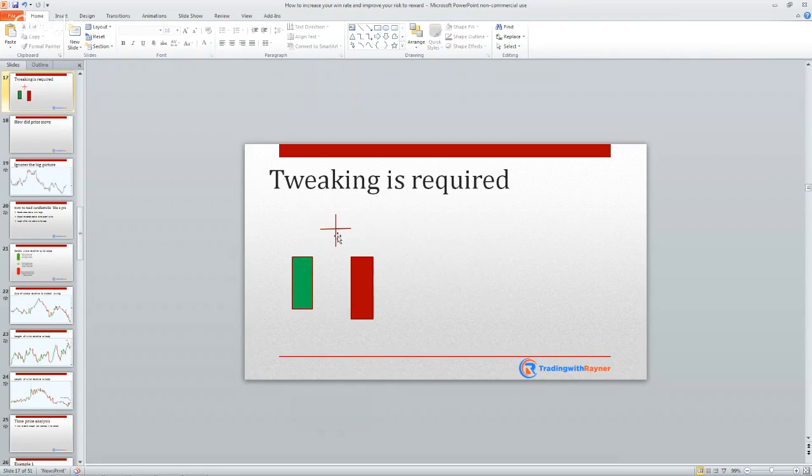Is this an evening star? Correct me if I'm wrong, but I think this is an evening star. Okay, evening star, this is correct.